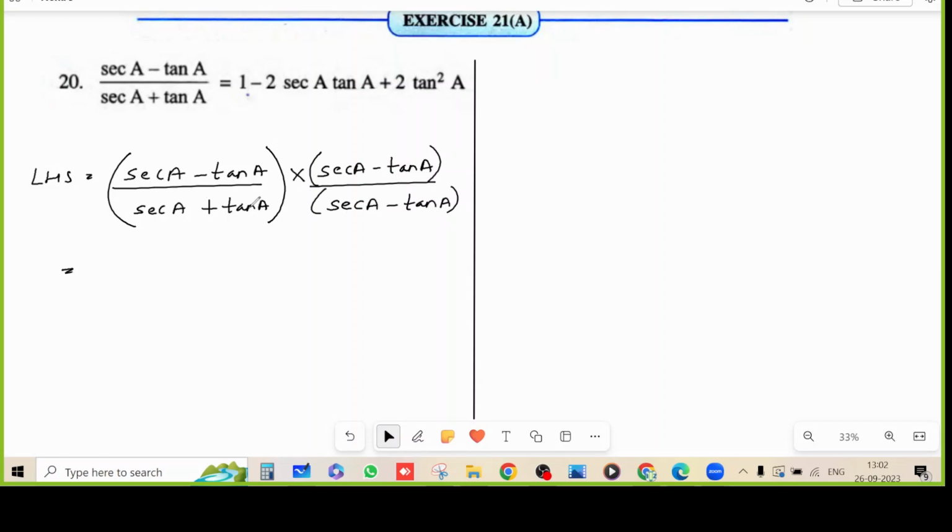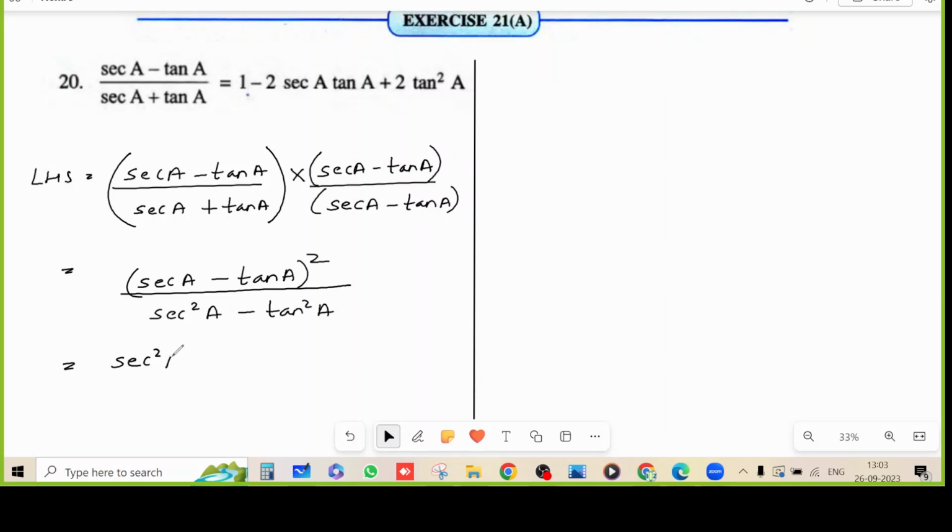So you know that this is A plus B into A minus B. So this will give us the answer as sec square minus tan square in the denominator, and the numerator will become sec A minus tan A whole square. So now we will expand it using the formula A minus B whole square.